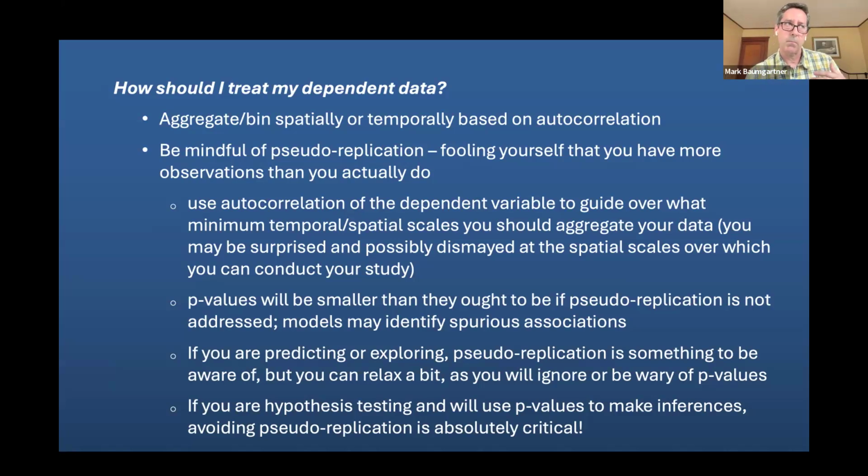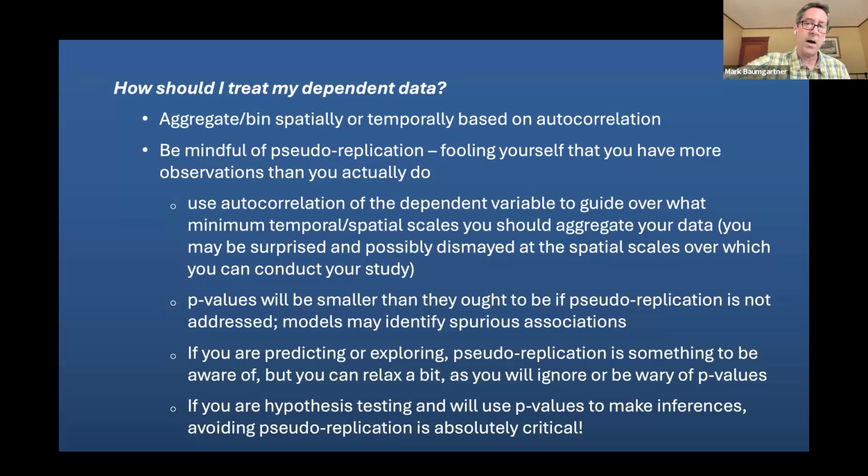What autocorrelation means, and we'll get into this in more detail in a second, is basically this: if I make a measurement now, how long into the future will I get a measurement that's completely unrelated to the measurement I just made? We'll talk about air temperature in a second. If I take the temperature now and I take it in an hour, that temperature is going to be pretty similar to the temperature that I just took.